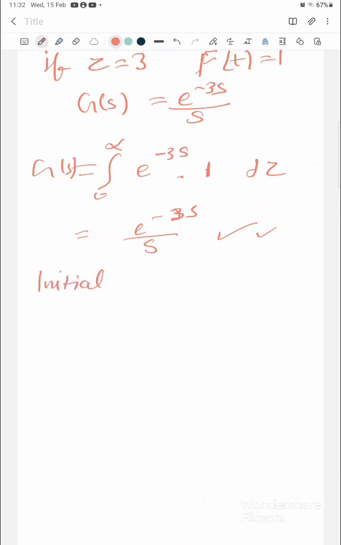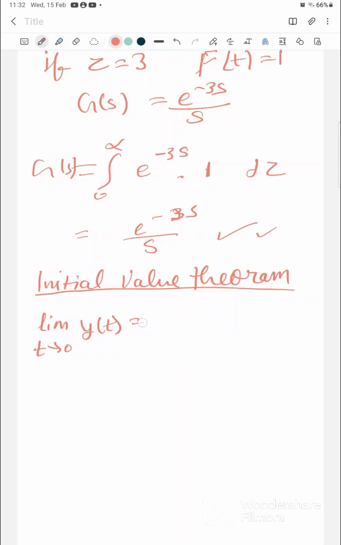Initial value theorem is defined as limit t tends to 0 y(t) equals limit s tends to infinity s Y(s).